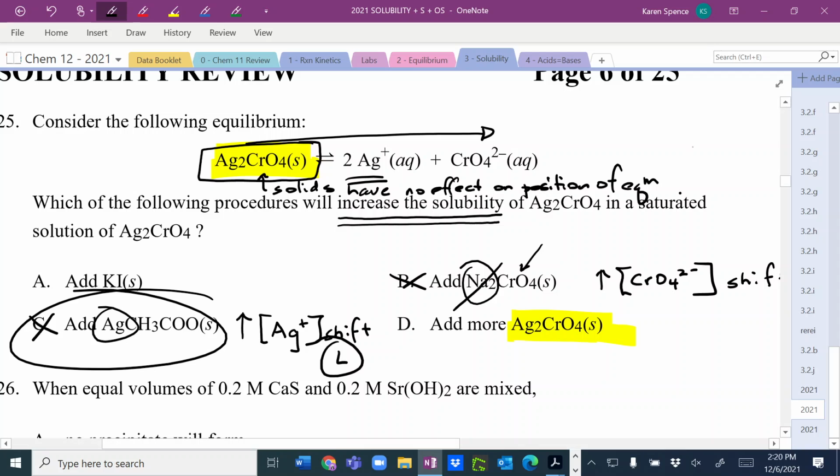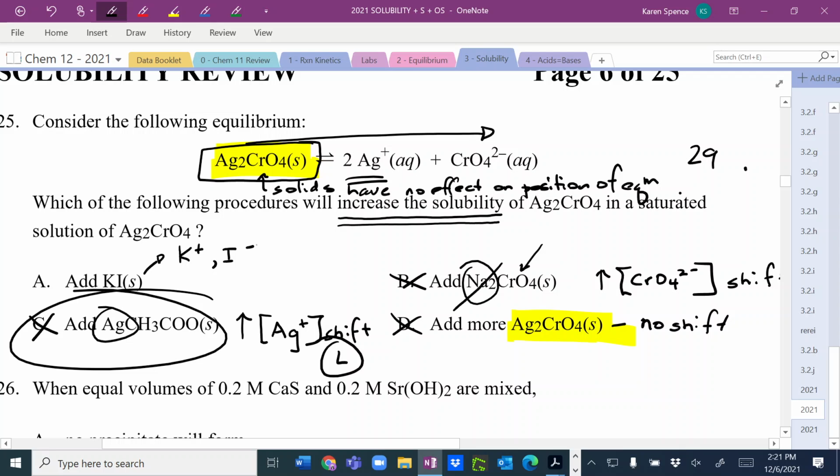29, sure, yeah. Now, let's take a look at KI, because that's our only one that's left here. We could do it again by process of elimination and say these ones don't make it, this one doesn't make it shift, and the others make it shift the wrong way. Why is KI going to make it shift to the right? We have K+ and we have I-.